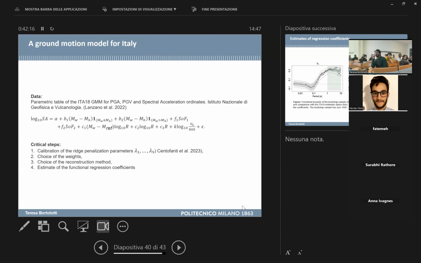Critical steps here are the calibration of the ridge penalization parameters. I didn't really mention anything on this, but if you saw in the penalization term in the regression, each coefficient had its own smoothing parameter. So if you are fitting a model with 9 coefficients, you will need to tune 9 parameters.